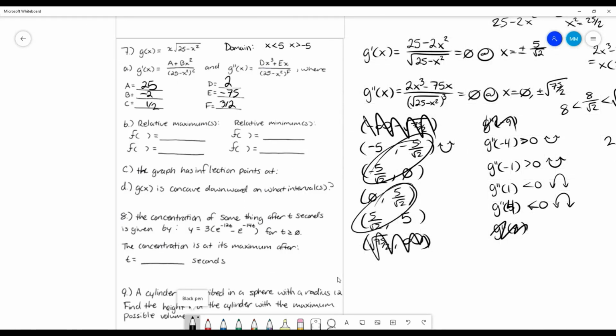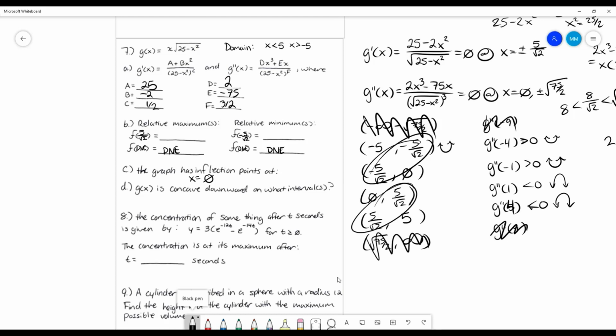So the relative minimum is at this point, and there's no others. There's also only one maximum, and the relative maximum is at the positive one. This graph has inflection points at 0.